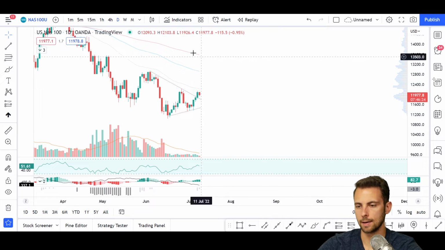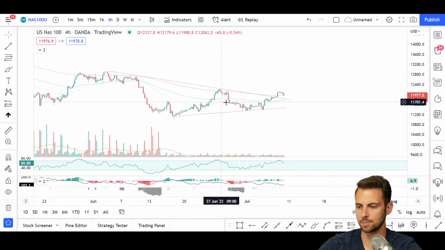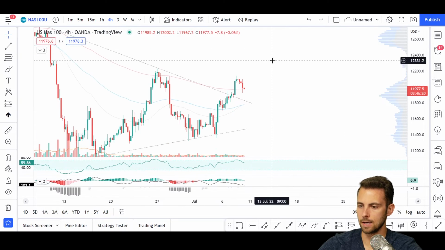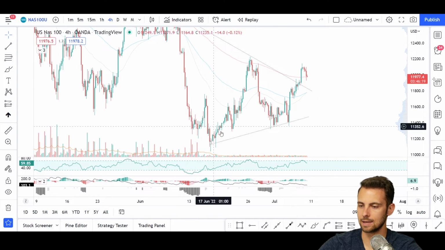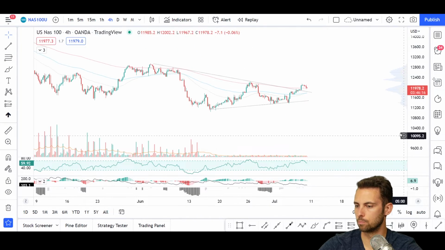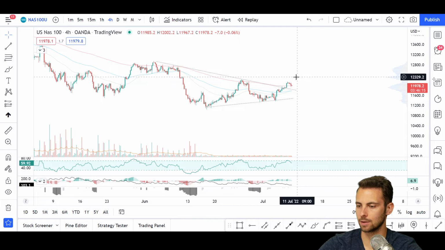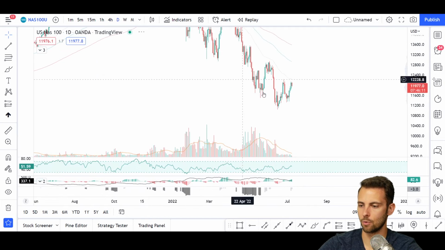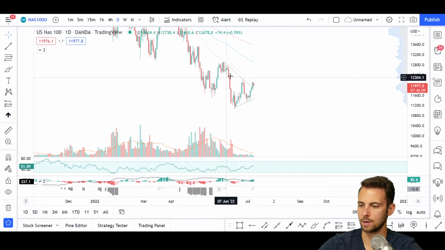So on US 100 right now, this move upwards may be assumed as a bull trap, as we can find that there is not much confirmation of this rebound right here.